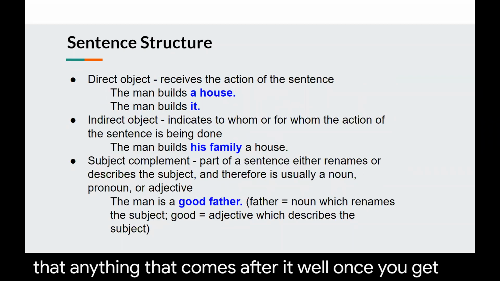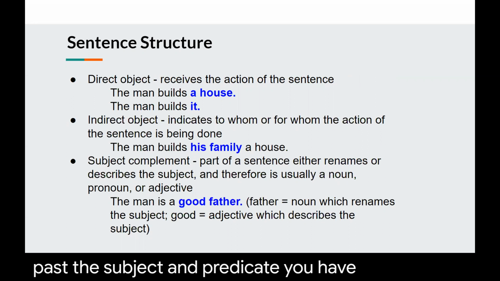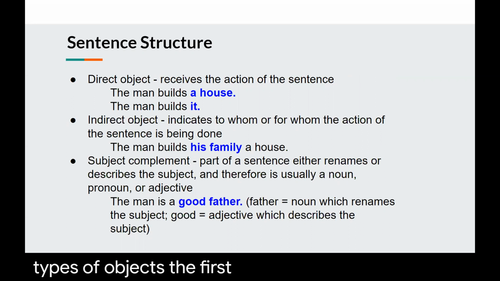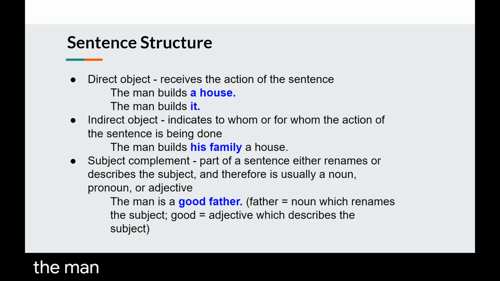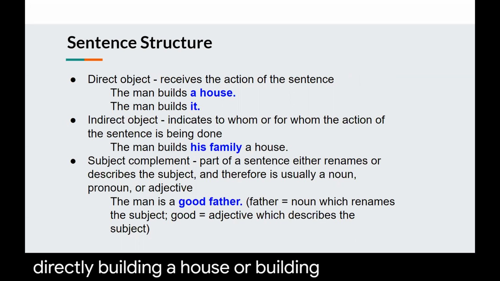Once you get past the subject and predicate, you have different types of objects. The first is a direct object, and this is the part of the sentence that receives the action. So the man builds a house. A house is what the man builds, and so therefore it's a direct object. The man is directly building a house or building it.